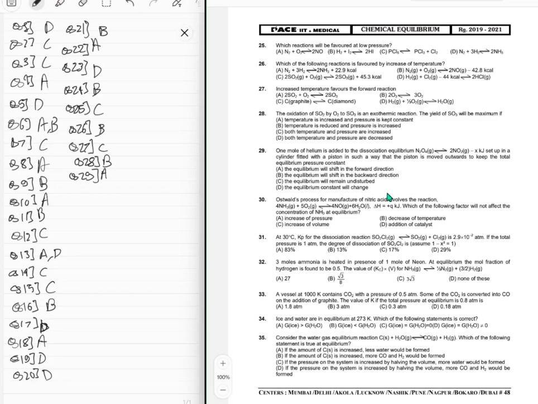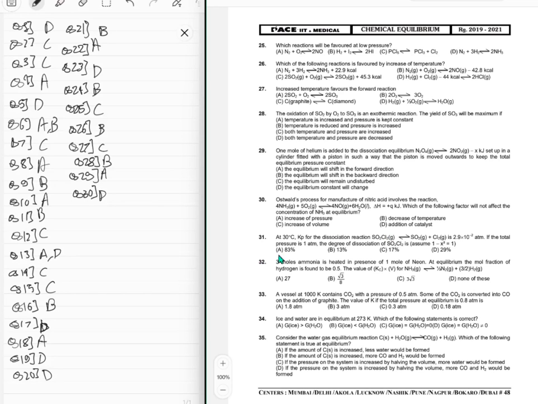So the amount of H2O is irrelevant. 4 plus 5 gives 4, which means higher pressure will favor the forward direction. Delta H is also given, so temperature changes matter too. Anything else? No. Addition of catalyst doesn't affect the concentration of NH3 at equilibrium. So D. Hey, question number 30, we did it.